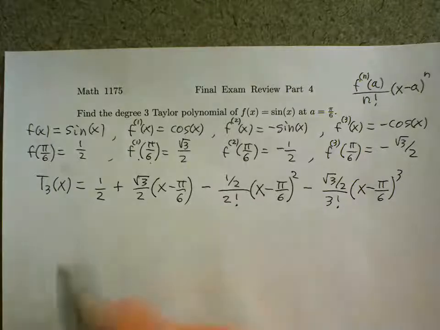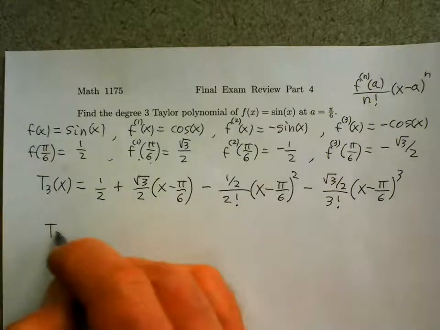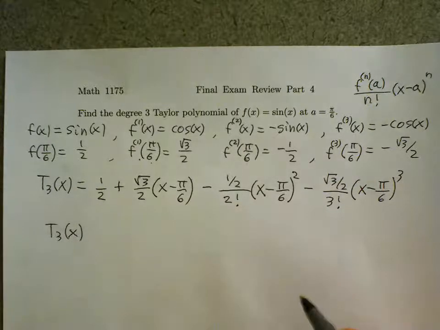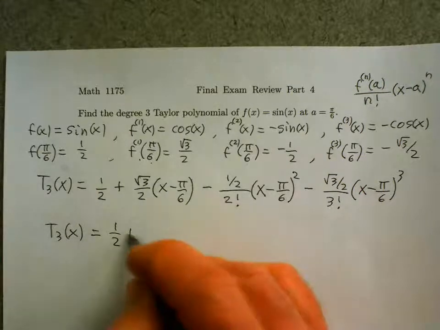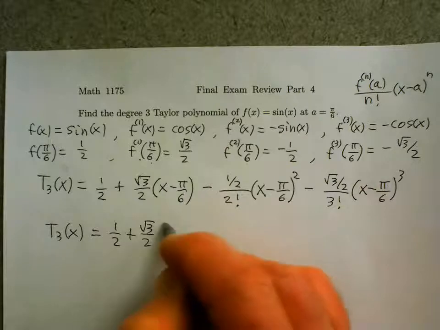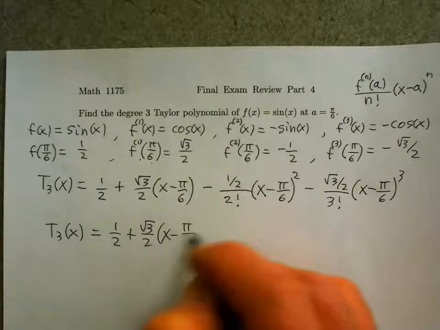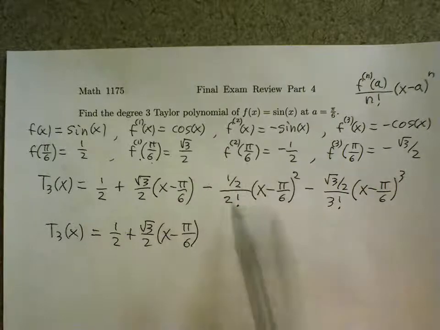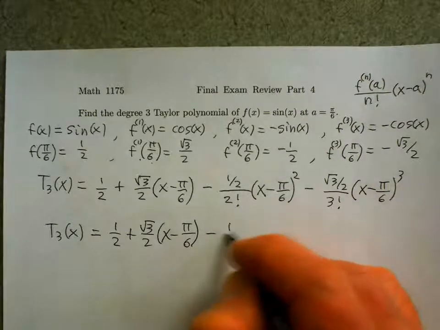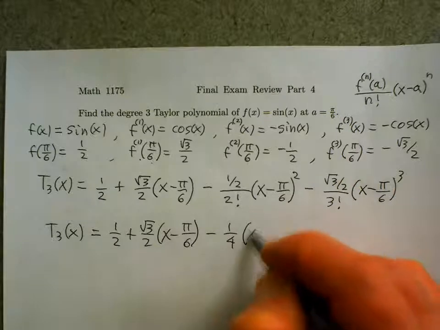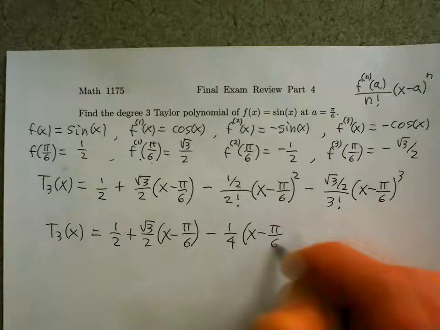Okay, so we can write it so that it looks a little bit neater. The first two terms are okay: 1/2 plus the square root of 3 over 2 times x minus pi over 6. And then minus 1/2 divided by 2 factorial is just minus 1/4 times x minus pi over 6 to the second.